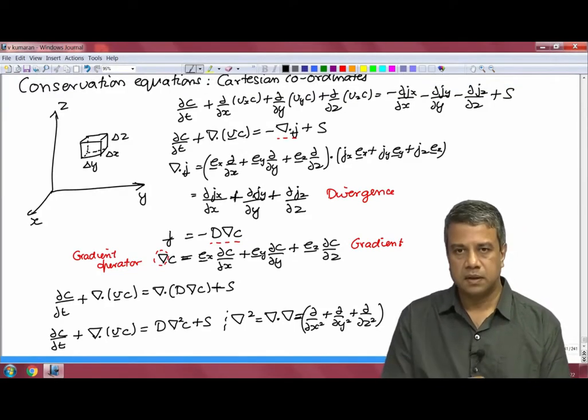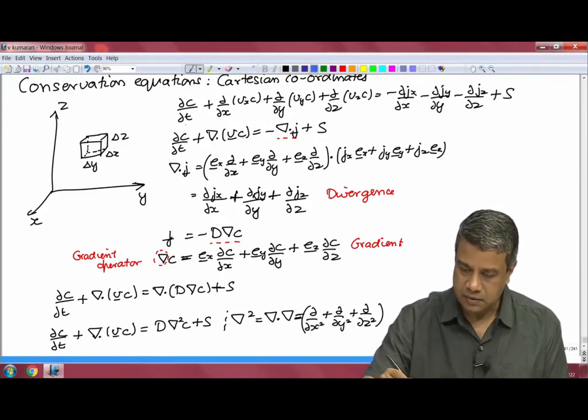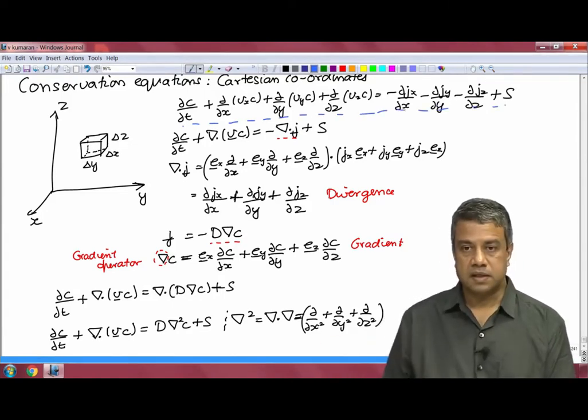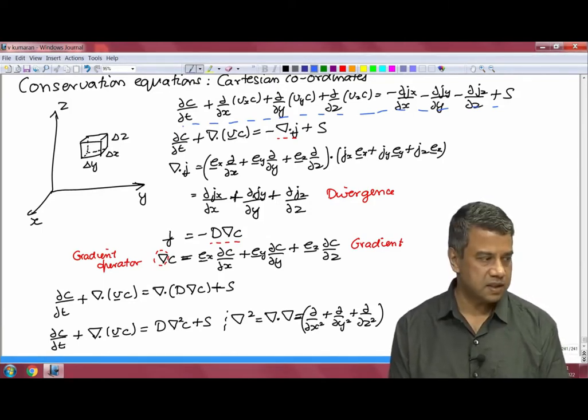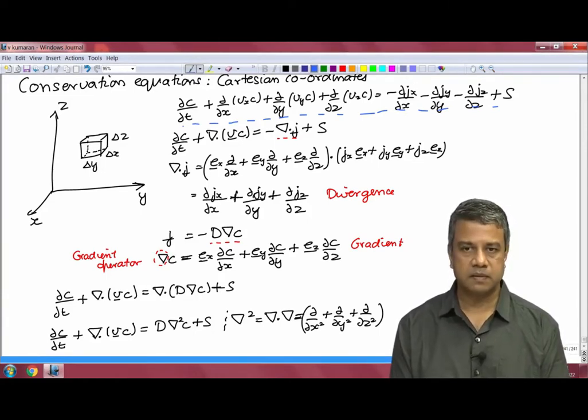Okay. The important point to note in all of this is that the equations written out in component form will change when you change coordinate systems. For example, if you change the axis from x, y, z to x prime, y prime, z prime, then the equations will change when written in component form.